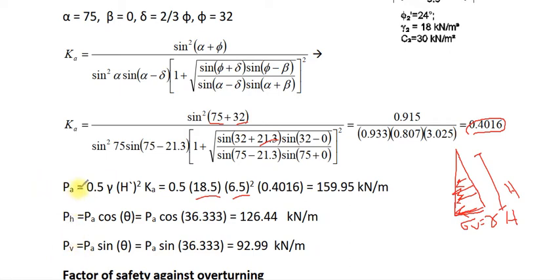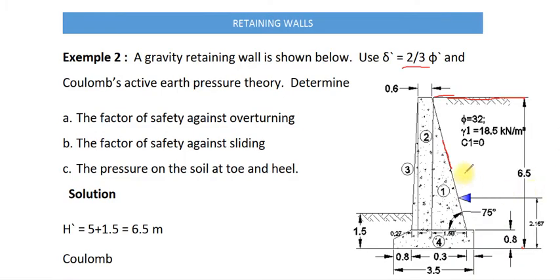Now compute PH and PV. Resolve this active earth pressure resultant to horizontal and vertical forces. Something important here, that the resultant is tilted. This resultant of the earth pressure is tilted with the line perpendicular to the wall by an angle equal to delta.